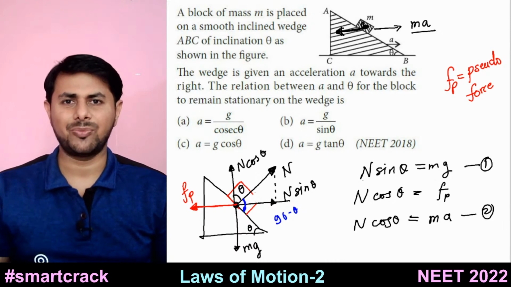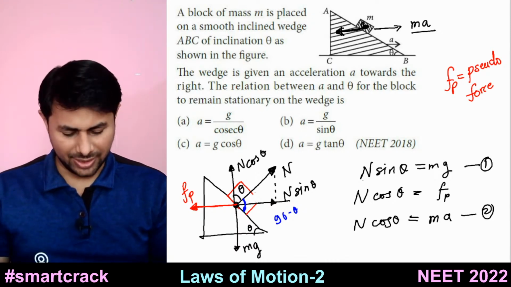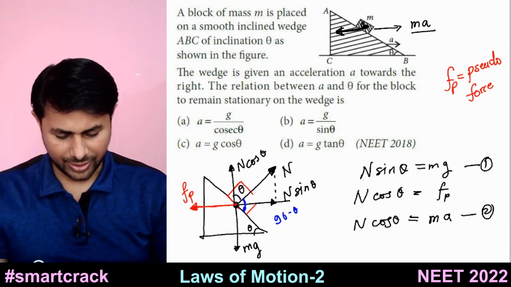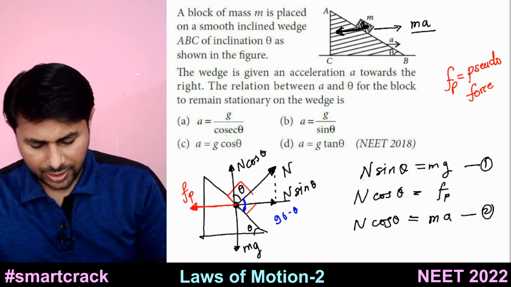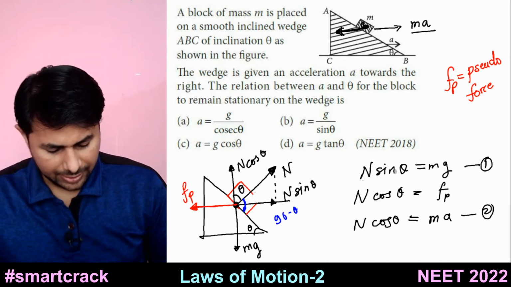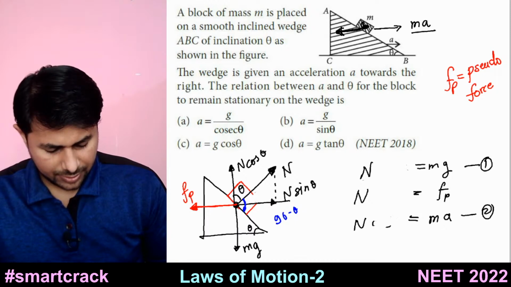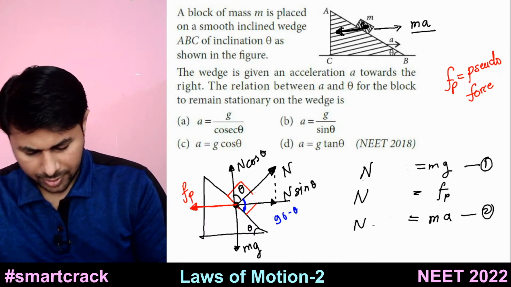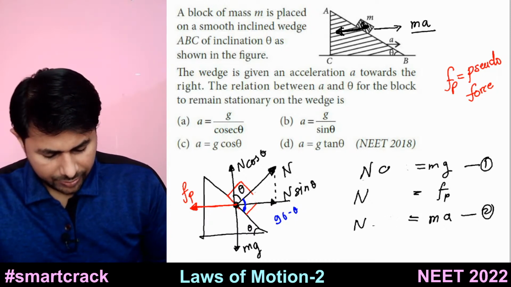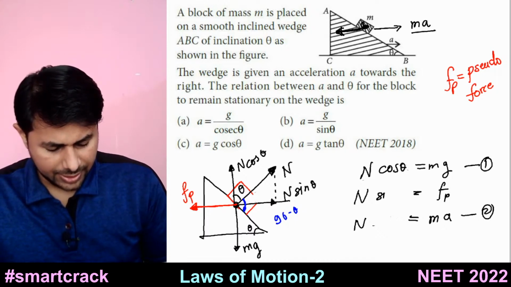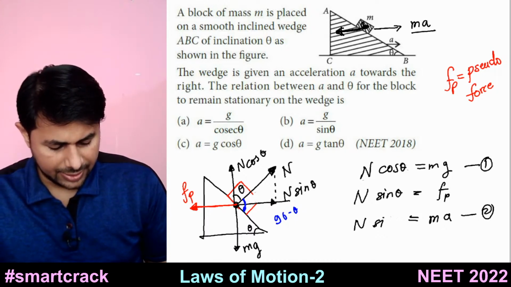So now vertical component is n cos theta and horizontal component is n sin theta. Okay, sorry for the mistake. So vertical component is what? It is n cos theta, and horizontal component will be n sin theta.